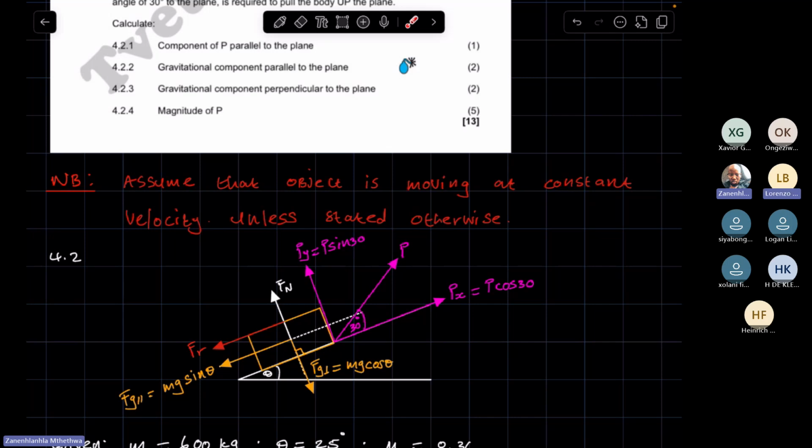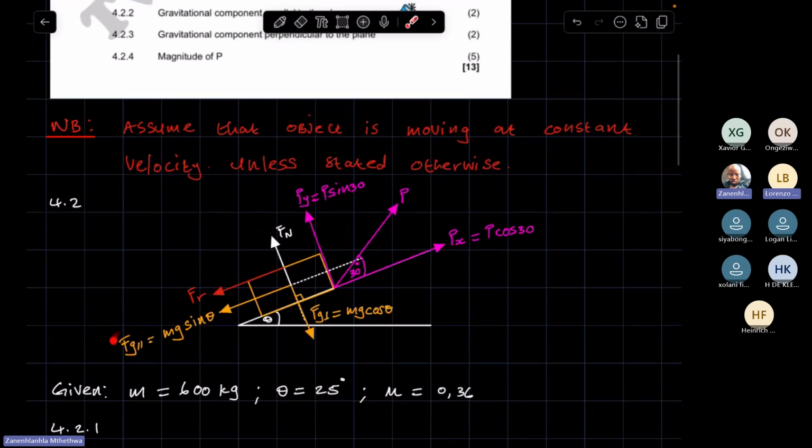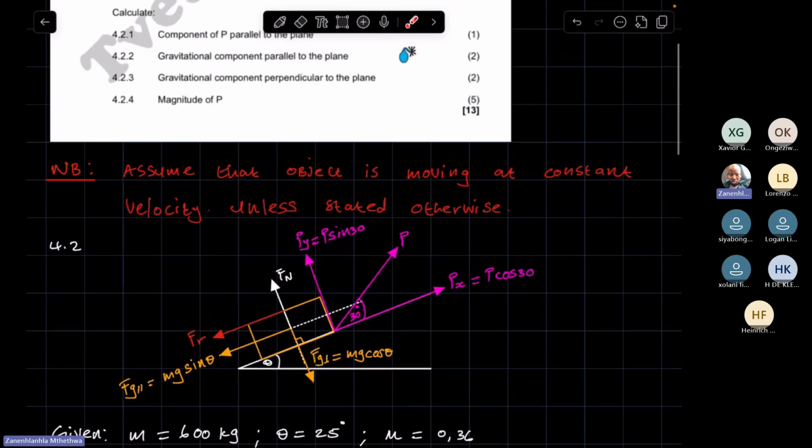Remember you have two components of the weight. You have one that's perpendicular to the plane, that's FG perpendicular, and then you have one that is parallel to the plane, that's FG parallel. So if they want us to calculate the gravitational component parallel to the plane, this is what they're looking for, FG parallel.